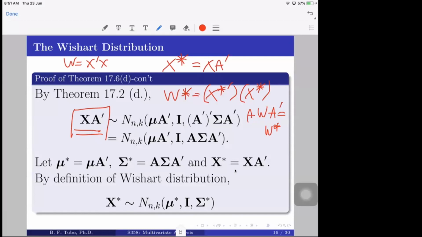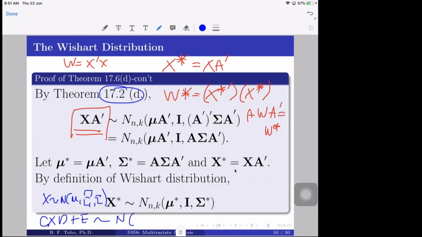We use 17.2D. 17.2D is transforming X, which is normal, and we pre-multiply it by matrix C and post-multiply by D. So if we recall, 17.2D tells you that if we transform an X, which is normal with mu, psi, sigma, CXD plus E is still normal.